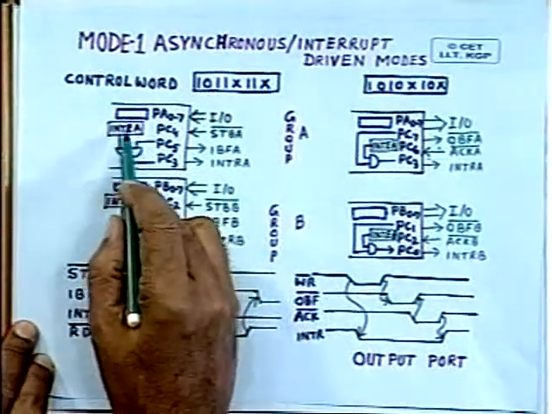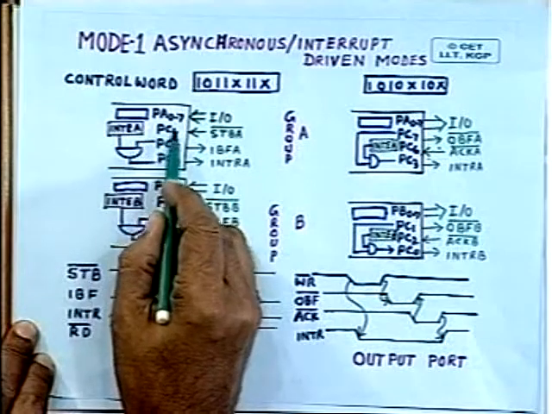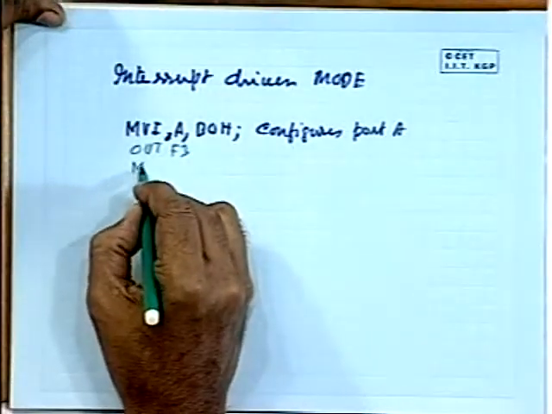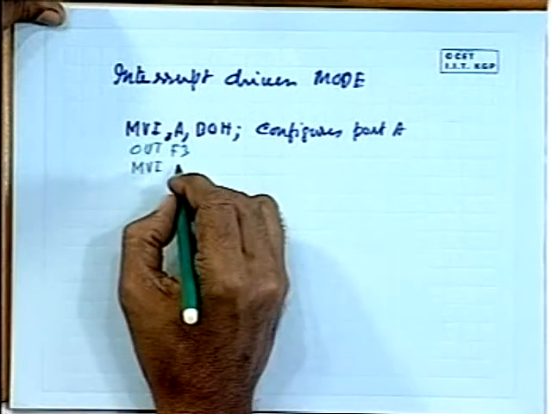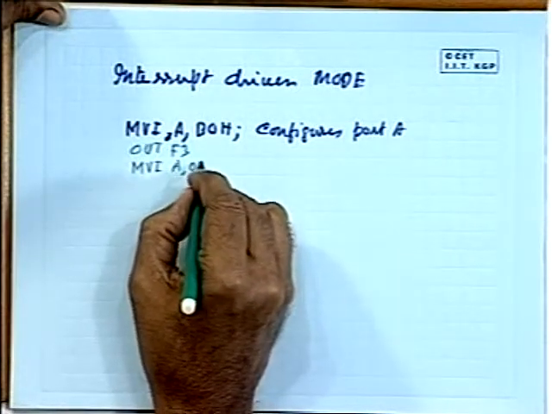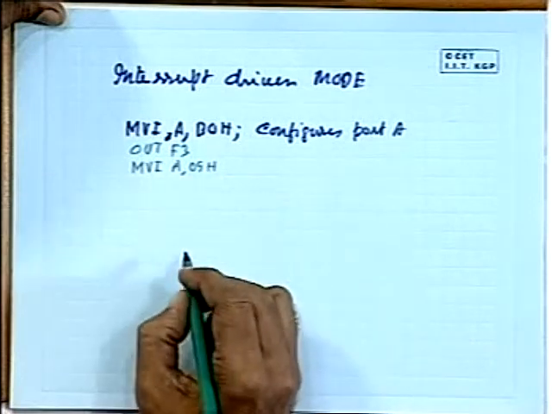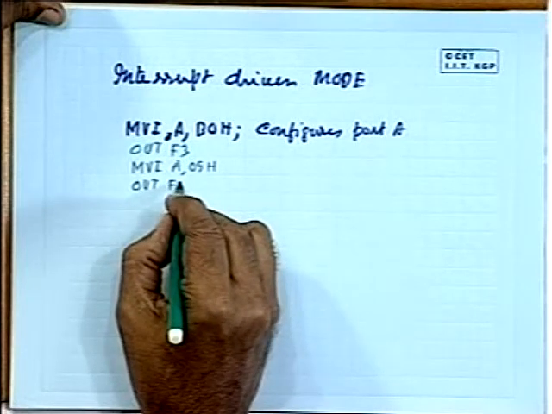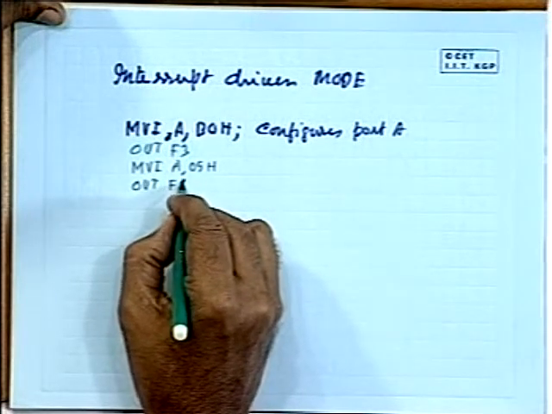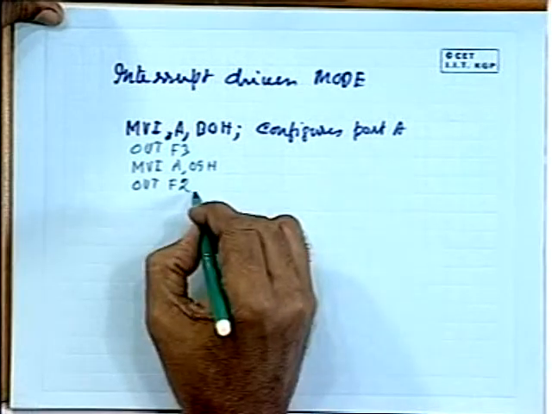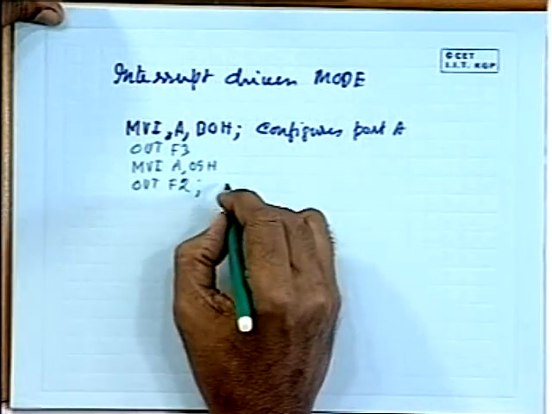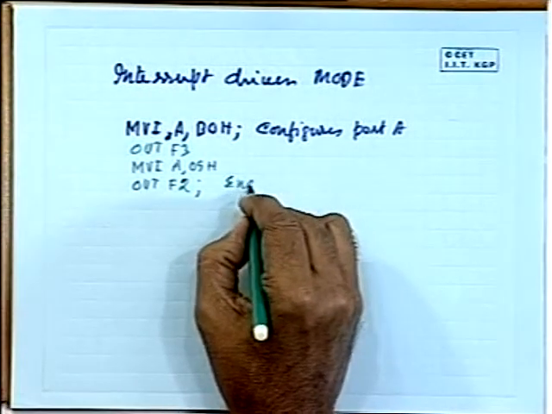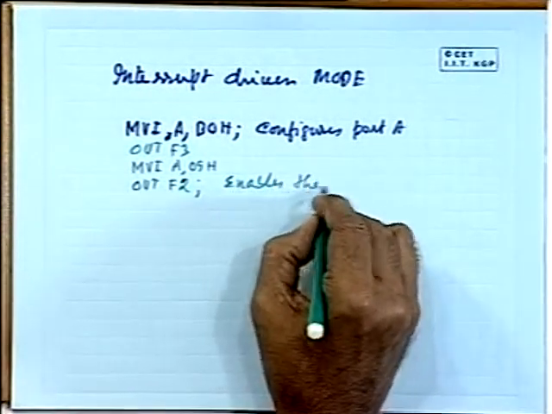To enable the interrupt, one has to be written into this PC4 bit, and to do that it has to execute these two instructions, MVI A, 09H, then OUT, and the corresponding port address is F2. It is connected to port C, so the address is F2. So, with the help of these two instructions, it actually enables the interrupt.